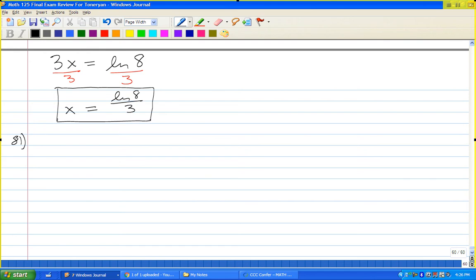e to the x plus 2 is equal to 4. Okay, so let me do that. Let me take ln of both sides of my equation.